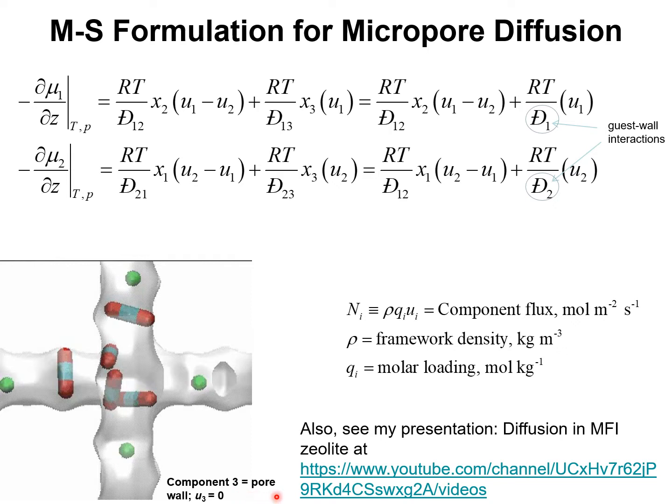The pore walls may be considered to be stagnant. Another way of looking at it is to assert that the velocities of diffusion of components 1 and 2 are with respect to the pore wall.